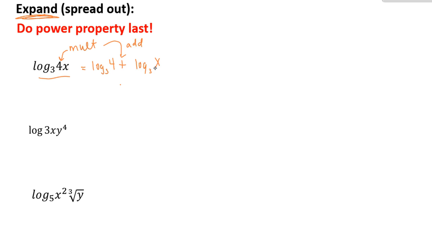Okay, looking at this next one, I've got 1, 2, 3 things that are being multiplied. So I need to have 3 logs, 1 for each of them. Then I'm going to look at it and say, okay, it's multiplying, so everyone is going to be added.